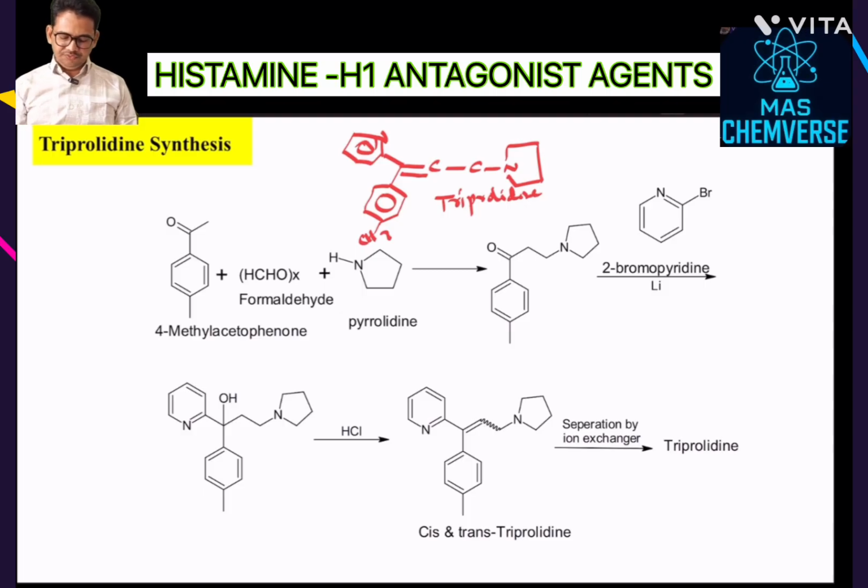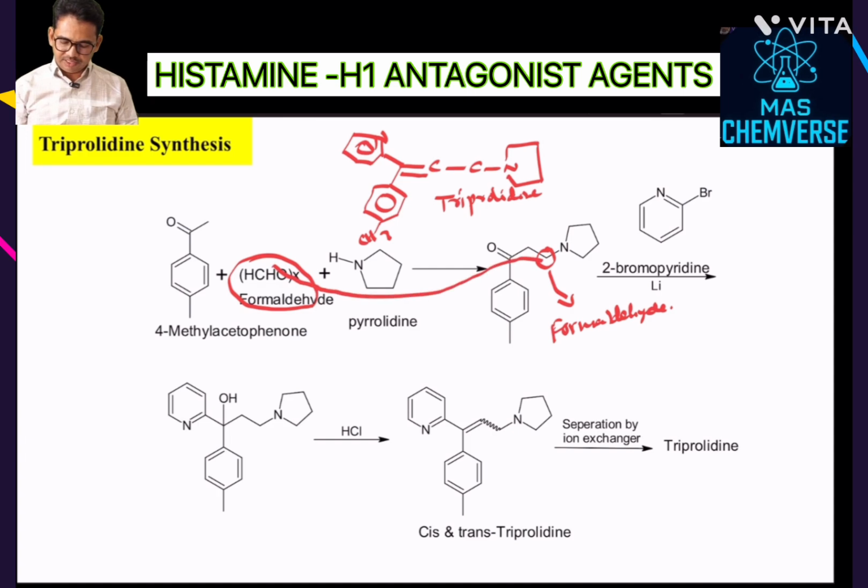See, methyl acetophenone. What is happening here exactly? We are treating with formaldehyde. What is the use of formaldehyde here? Formaldehyde introduces this carbon.